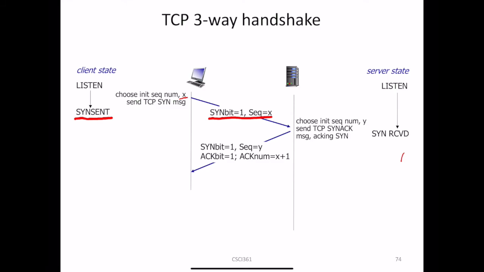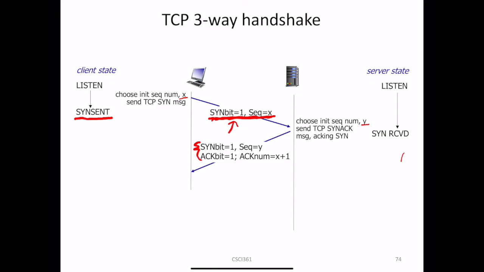On the server side, when the server receives this segment, it will randomly generate a sequence number Y, and send a TCP SYN ACK message, which is ACKing this message, back to the client side.